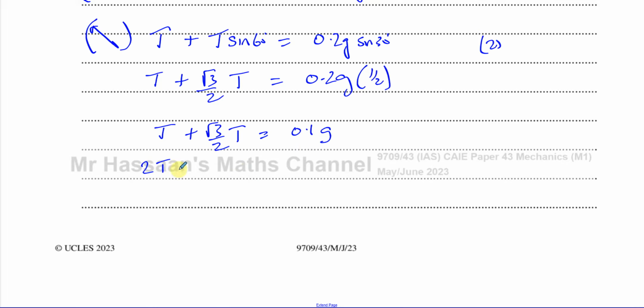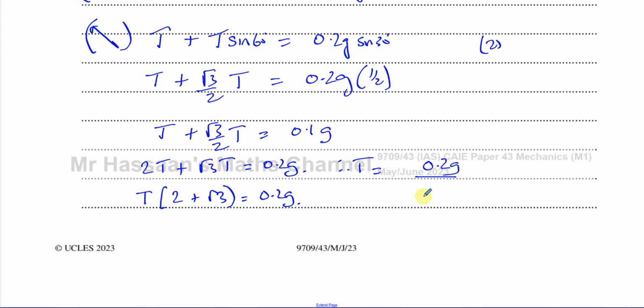That's going to be 2t plus root 3 t equals, multiply that by 2, 0.2 g. So that's going to give me t times (2 plus root 3) equals 0.2 g. So therefore t is equal to 0.2 g over 2 plus root 3. That is, you could say, the exact form of the answer.